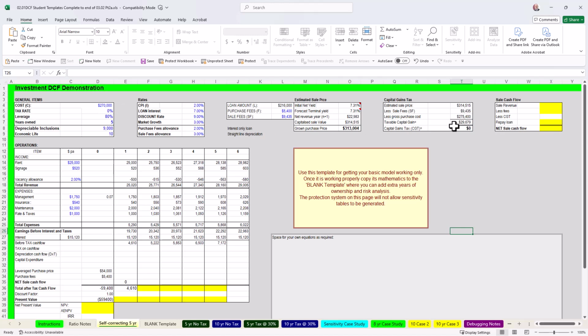And so we have 0. I'm just going to sneak in and put a tax rate in here just to demonstrate that that calculation works. And it is based on the tax rate payable.